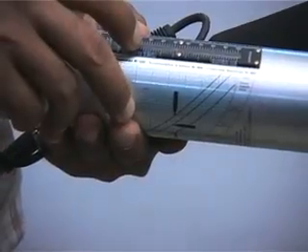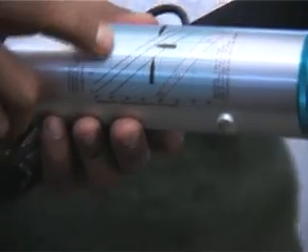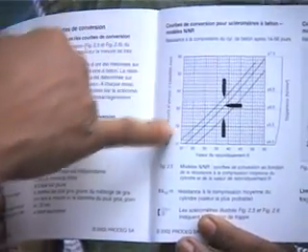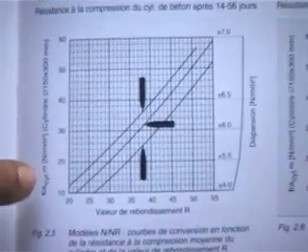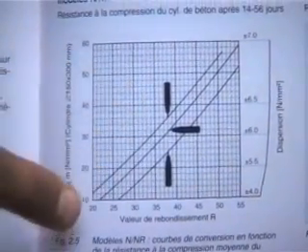The value is 52, and then this value gets converted from a standard chart, which is also given by the manufacturer. You have to read off the value of the UCS from looking at the appropriate curve.